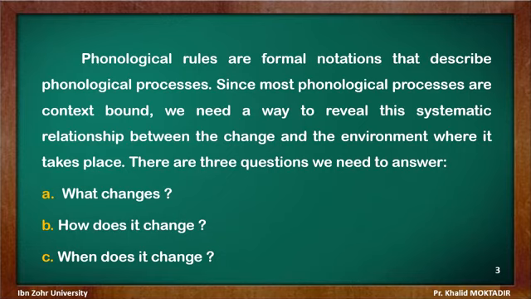And C is, when does this change take place? In other words, we will draw a slash, and then after the slash, we specify the context where the change takes place.